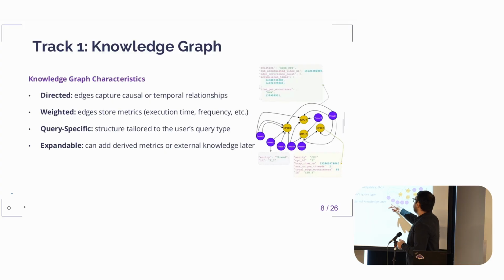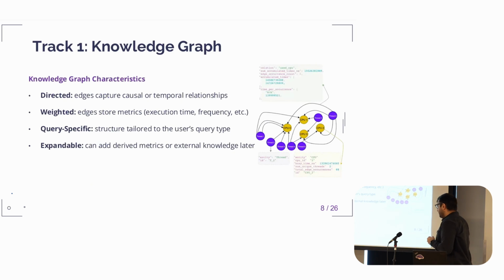For example, a thread is running on a specific CPU, and between 2 different timestamps it happens 5 times, so we make the edges weighted. It is query specific, which means that when a user asks a question about I/O, it yields a different graph than when asking about CPU thread activities. And it is also expandable, so we can add as many features as we want to the nodes and edges, so it can help future analysis.